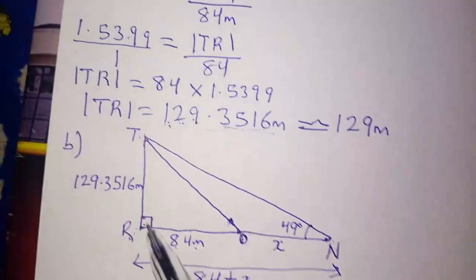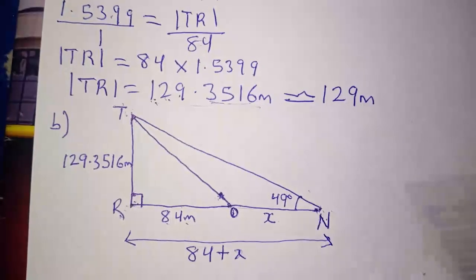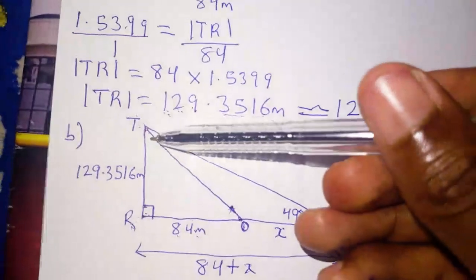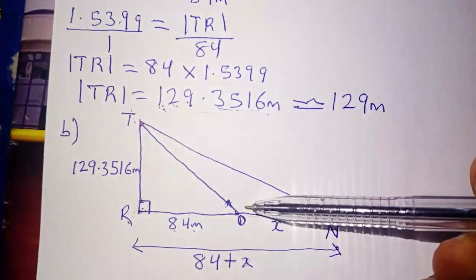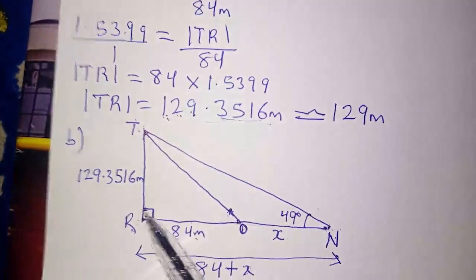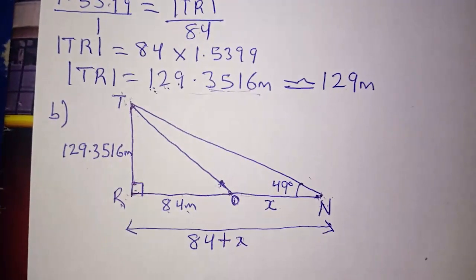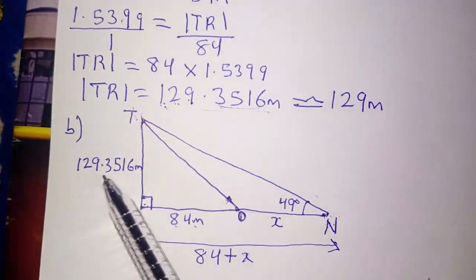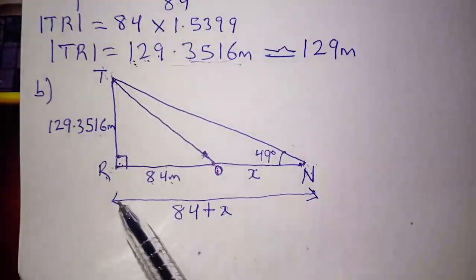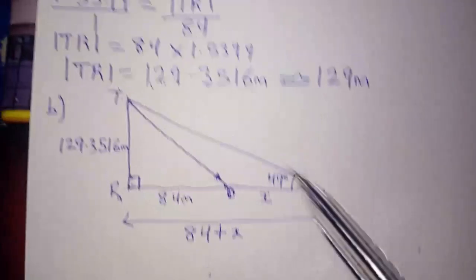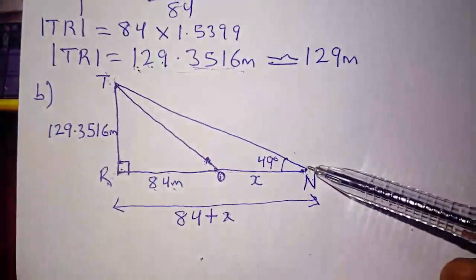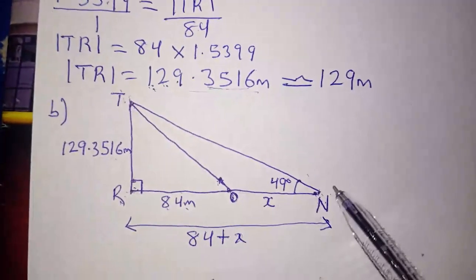So for triangle TRN, just assume this line is not there. Assume you are looking at triangle TRN without this line, and you see that that is a right angle triangle too, with side 129.3516, side 84 plus X, and side TN. Again, we have no business with TN.